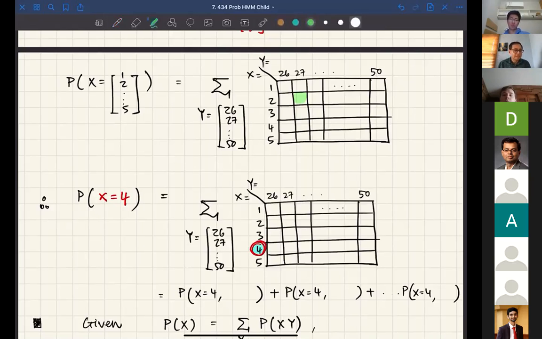So I should add all the values. Probability X equals 4 is the same as probability X equals 4, Y equals 26 plus probability X equals 4, Y equals 27 plus probability X equals 4, Y equals 28, and so on till probability X equals 4, Y equals 50.